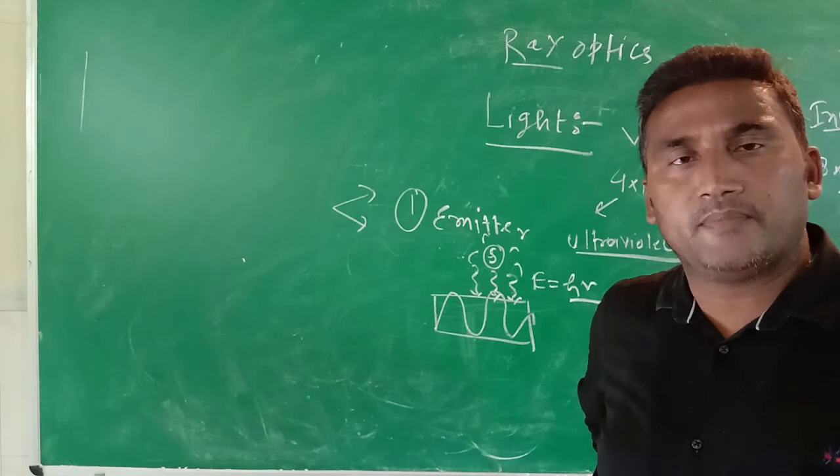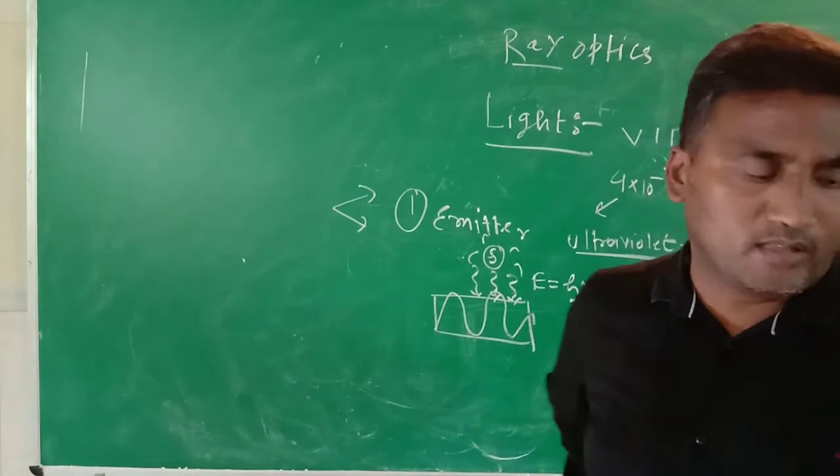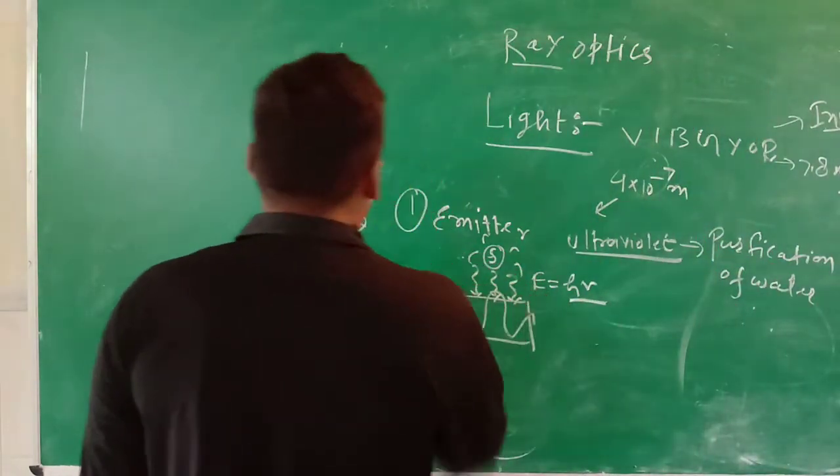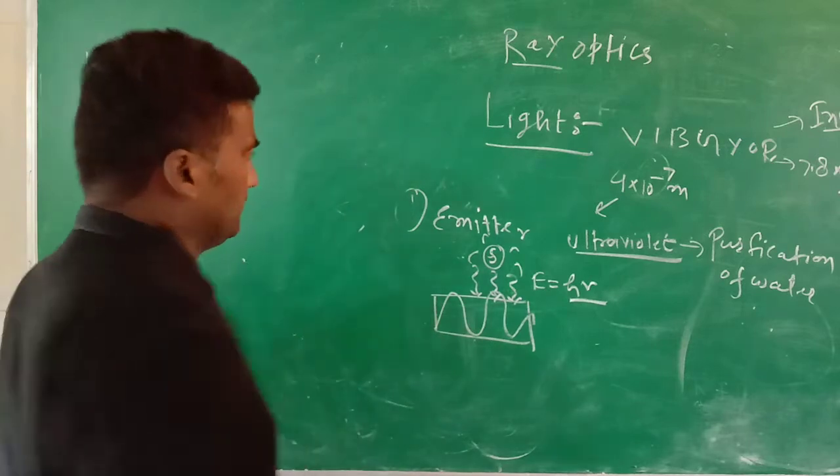The photoelectric emission is basically dependent on Planck's quantum theory, E = hν. So the first property of light is that it behaves as an emitter.